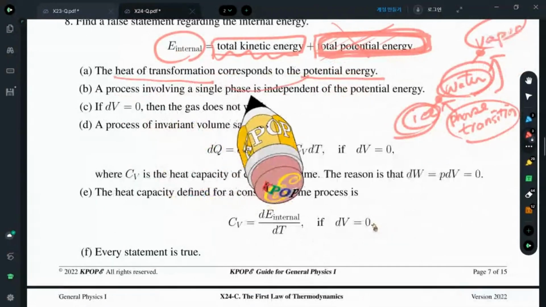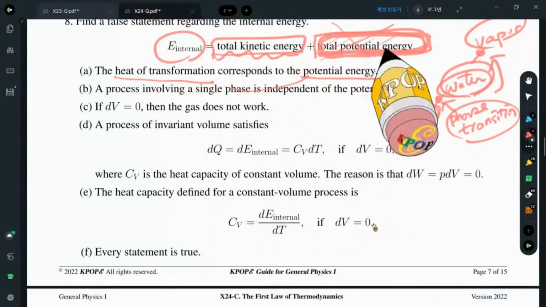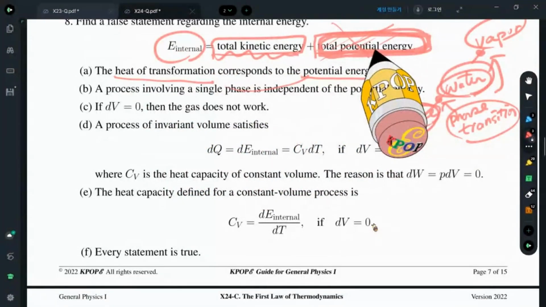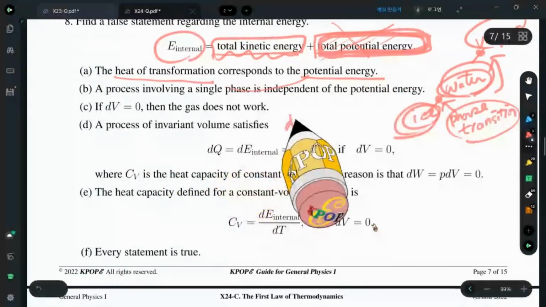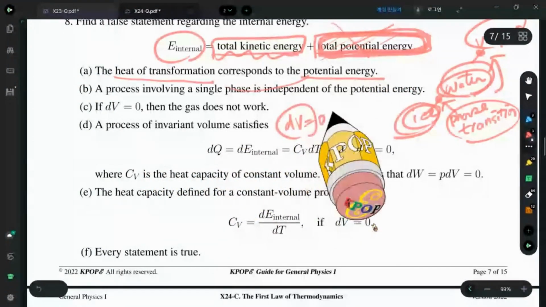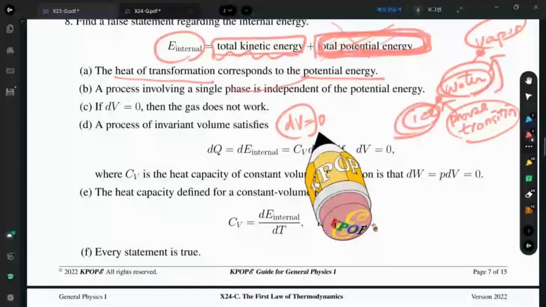A process involving a single phase is independent of potential energy. Right, correct. If dV equals 0, then the gas does not work. That's fine. In a process of invariant volume, dV equals 0, the gas does not work at all.